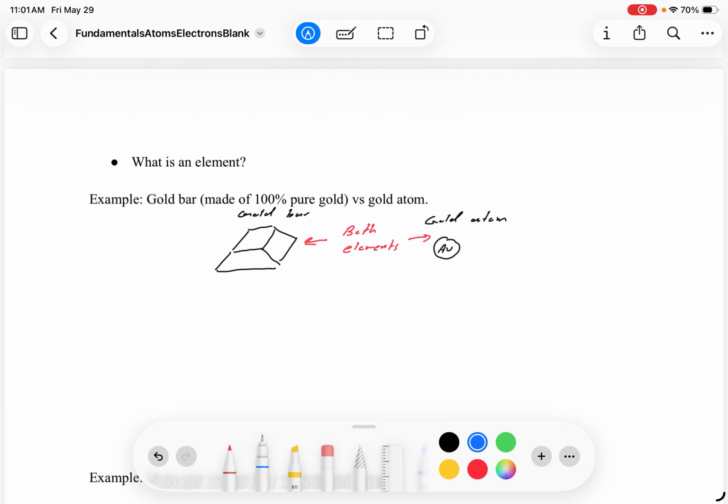The gold bar contains a large amount of individual gold atoms. And the gold atom is the smallest representation of the element.